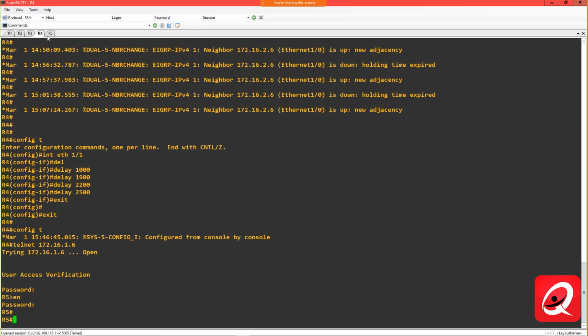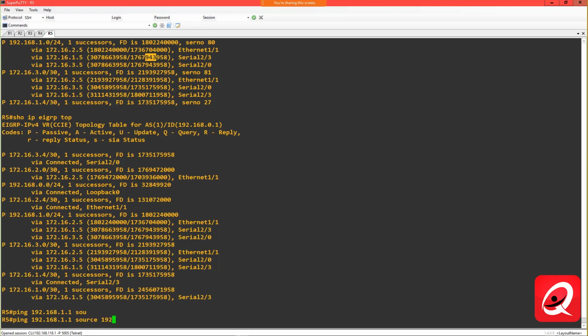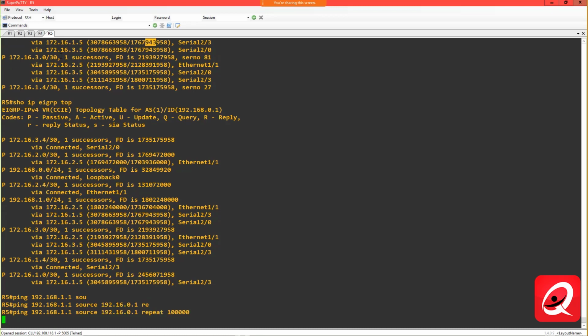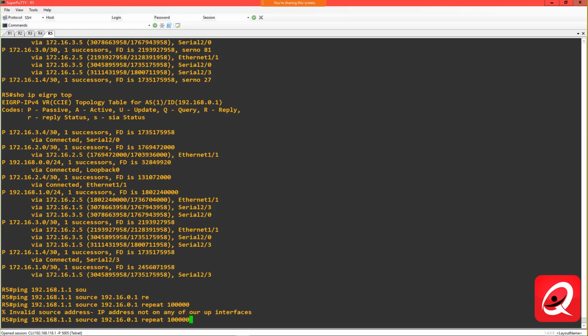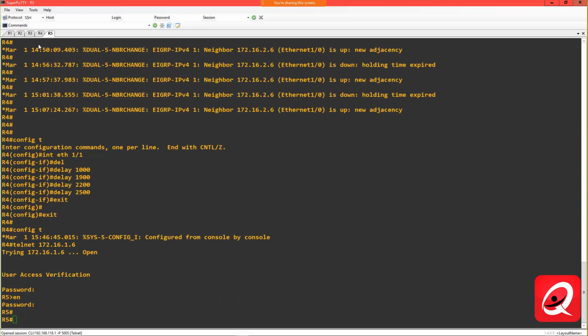And let's do our ping. That was probably way too far back. Ping 192.168.1.1. Source 192.168.0.1. Repeat 10,000. And let's shut down our interface.